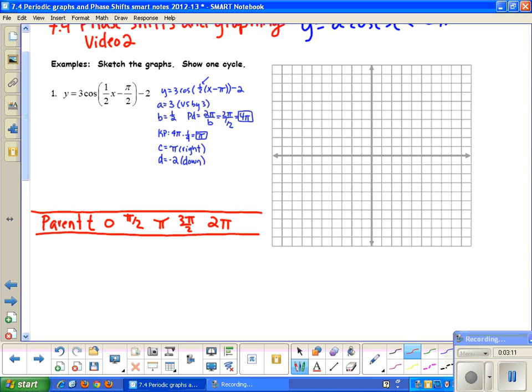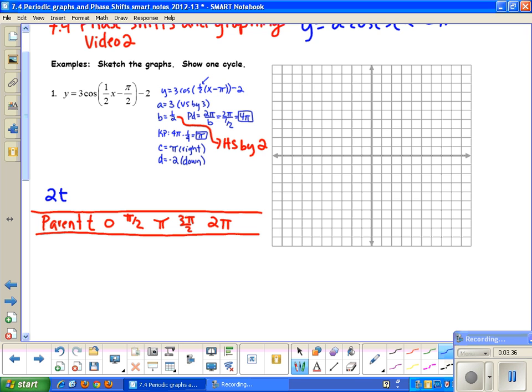And now if we look at our graph, that b value is 1/2. Since that b value is 1/2, remember that means we have a horizontal stretch by 1 over 1/2, so that gives me a horizontal stretch by 2. So because of that, when I'm changing my t values, I do 2 times all my t values, because we're stretching all these parent graph t values out by 2.